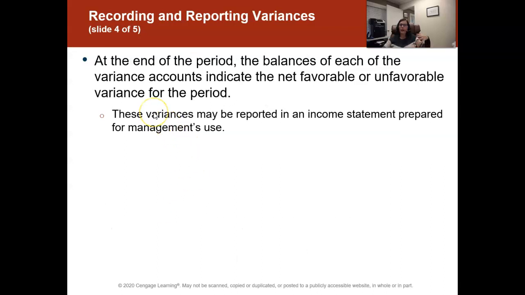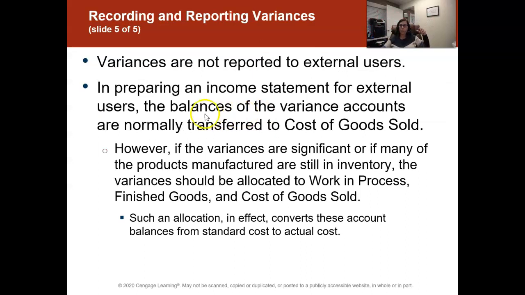And at the end of the period, we get this overall either net favorable or net unfavorable result, and we can use that to do sort of a management income statement that we can then compare to the budgeted income statement we had done at the beginning of the period, which had our projections in it, and then it becomes sort of a complete picture of how the company performed.